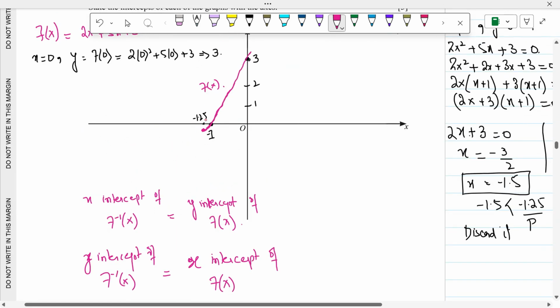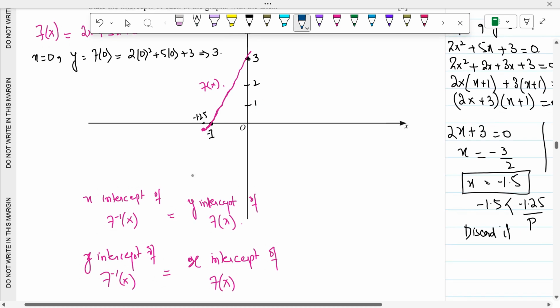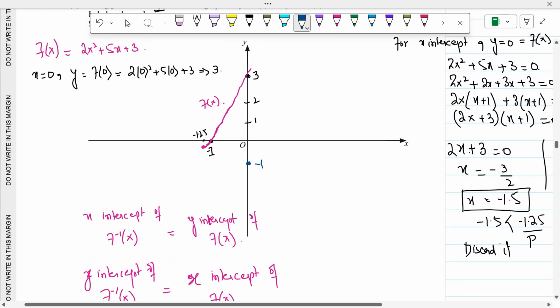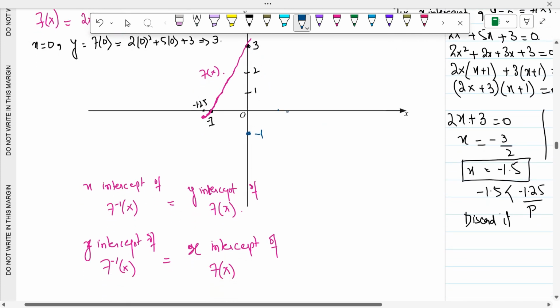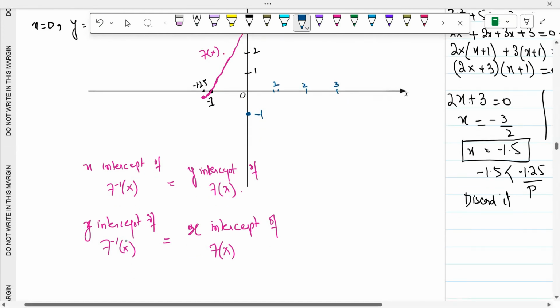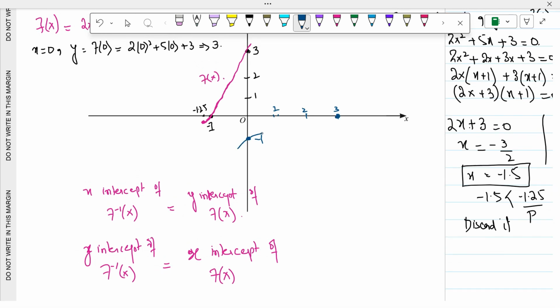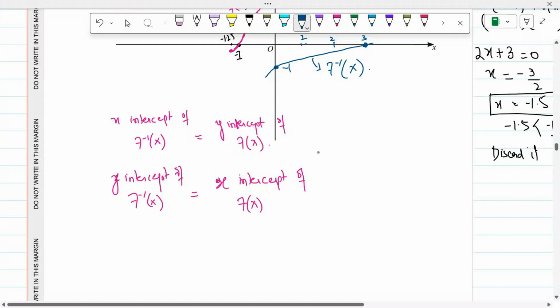In this graph, f of x has the x-intercept negative 1, so f inverse of x will have a y-intercept at negative 1. So this one is negative 1. Similarly, f of x has a y-intercept at 3, so the x-intercept of f inverse of x will be 3. So 1, 2, and 3. So the x-intercept of f inverse of x is 3. Okay, so this is the curve, or you can say the shape, of f inverse of x when x is greater than or equal to p.